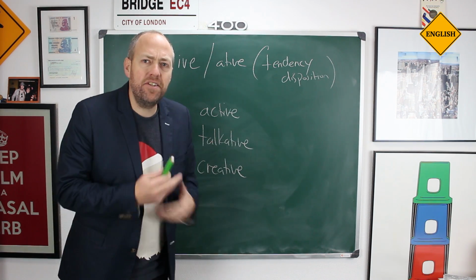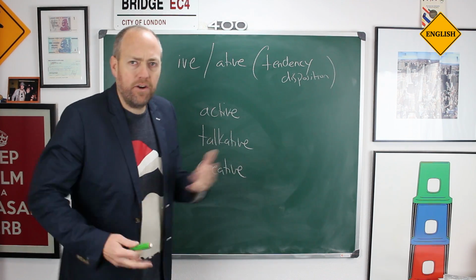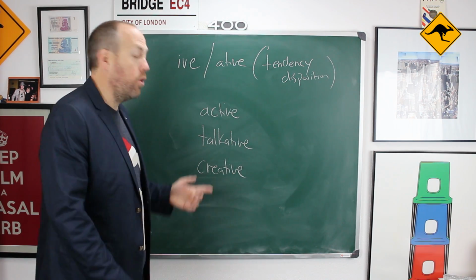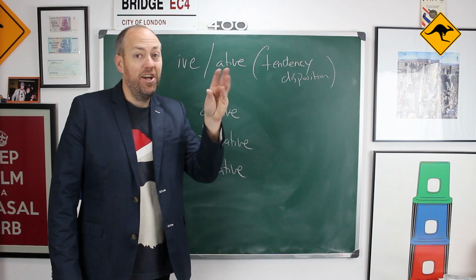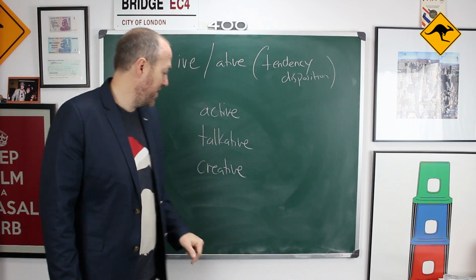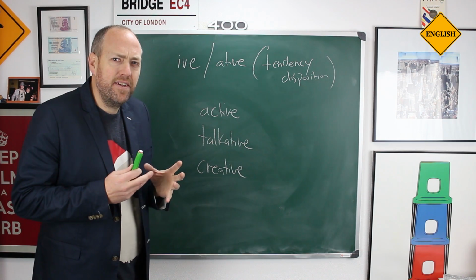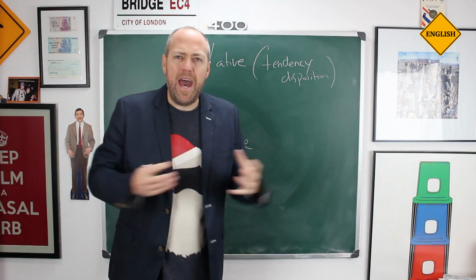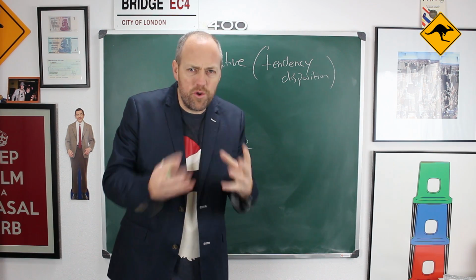You have a tendency to act a lot, to move and act and perform. You're very active. Or talkative. Yeah? You like to talk a lot. You have a disposition to talk. And creative. Okay? You want to create. Your tendency, your habit is to be creative, to create.